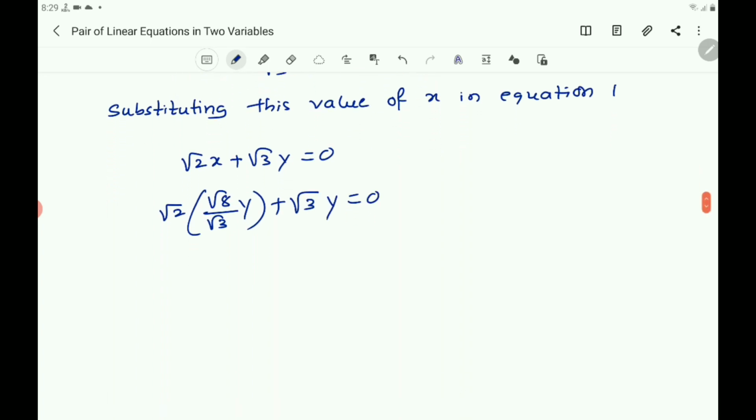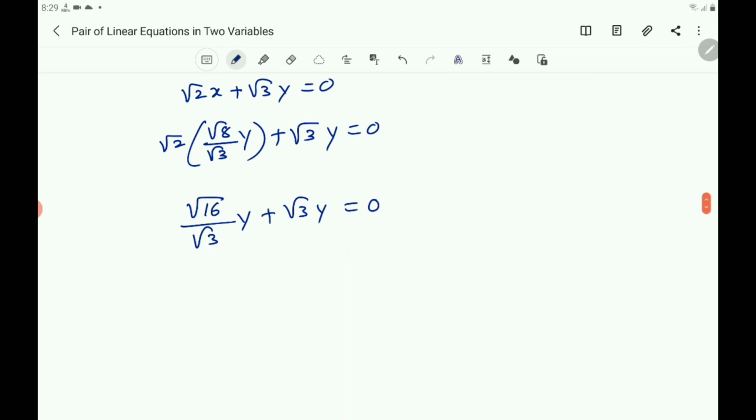Then you know that root 2 into root 8 is root 16. Root 2 into root 8 is root 16 by root 3y plus root 3y equals 0. Then root 16 is 4. 4 by root 3y plus root 3y equals 0.